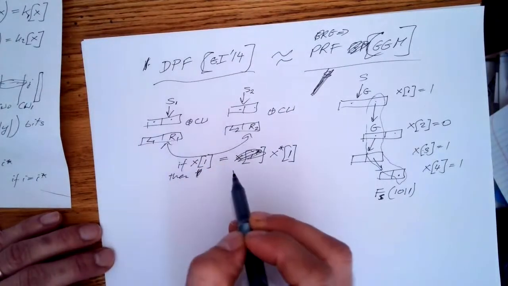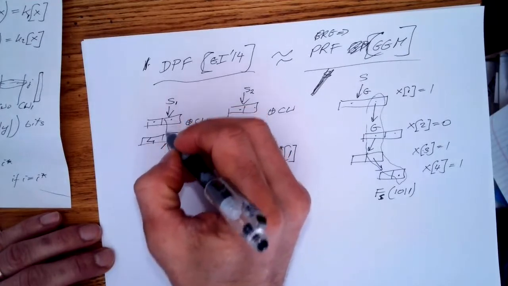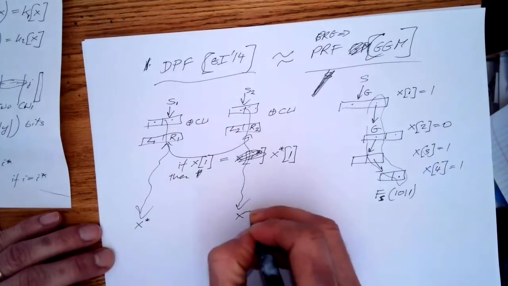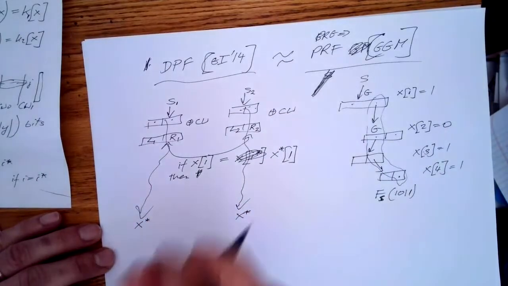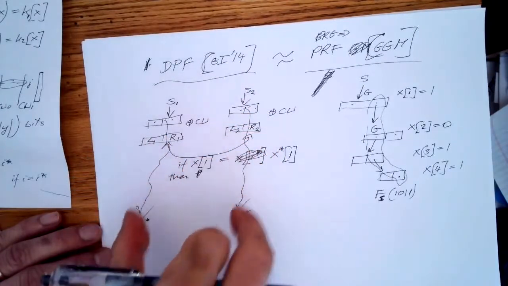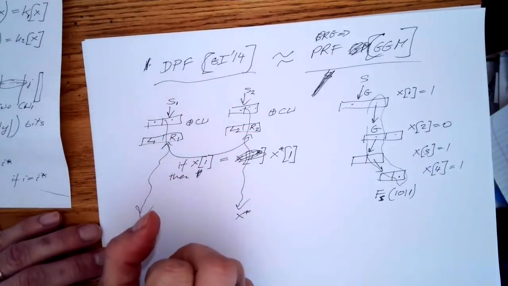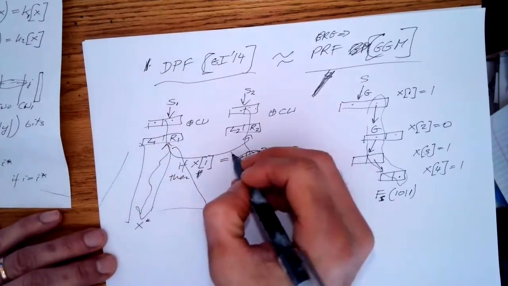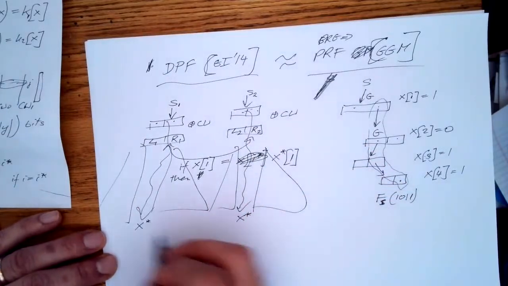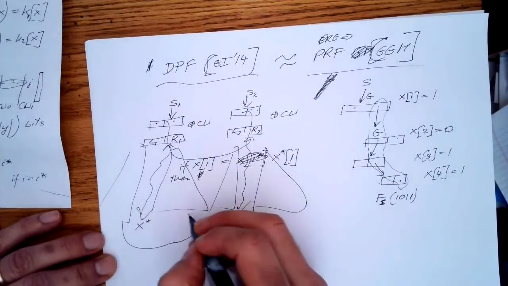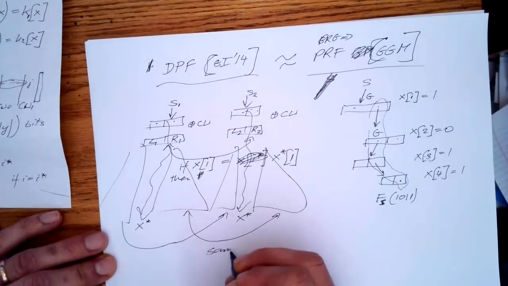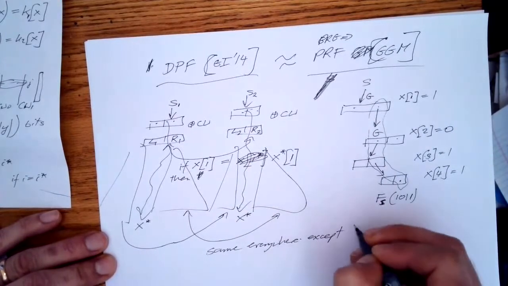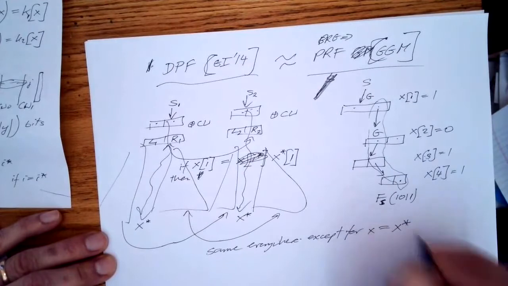So the point is that at the evaluation path that corresponds to X star, the hidden location, these seeds along this path should be different. And along all the other paths, so all the other subtrees, the rest of the tree, these are the same everywhere except for X equal X star.